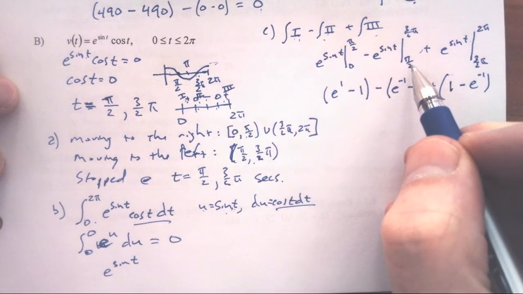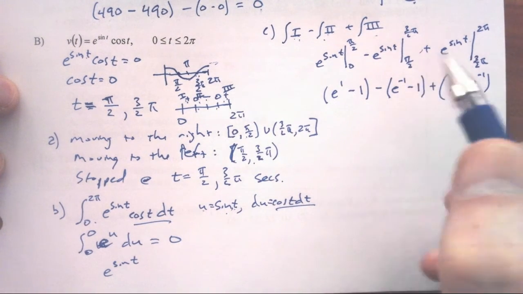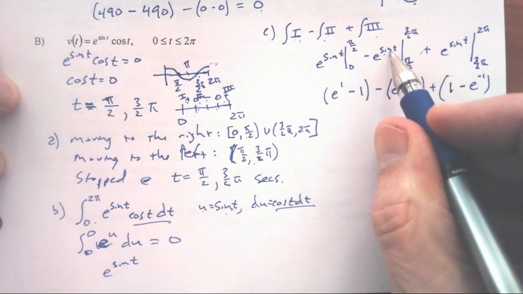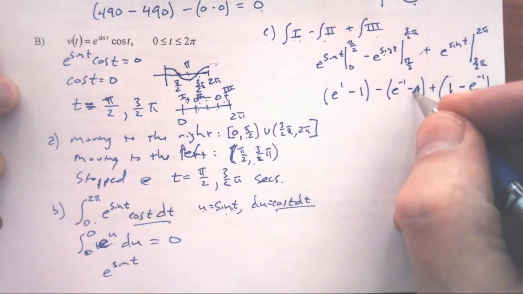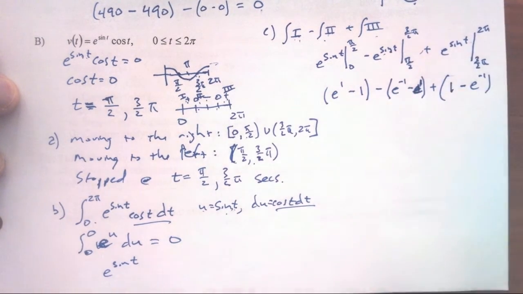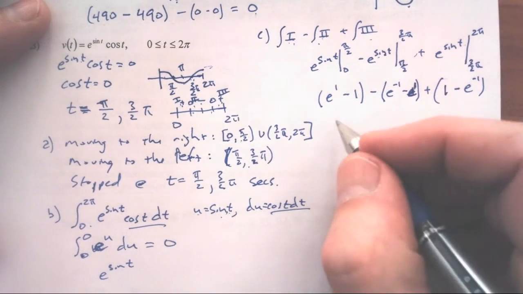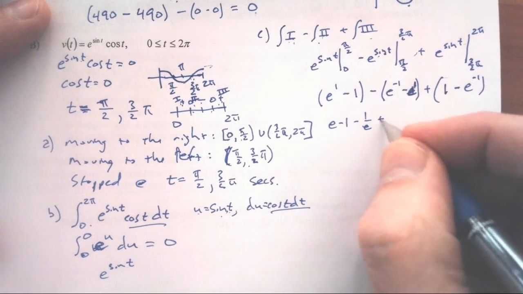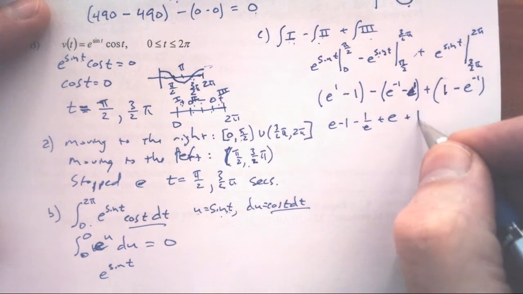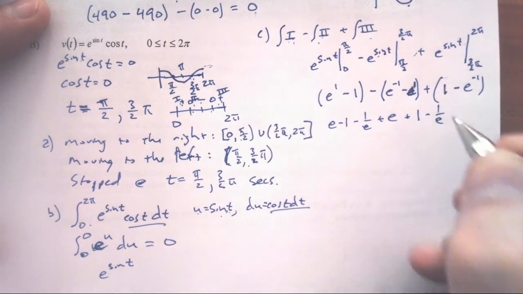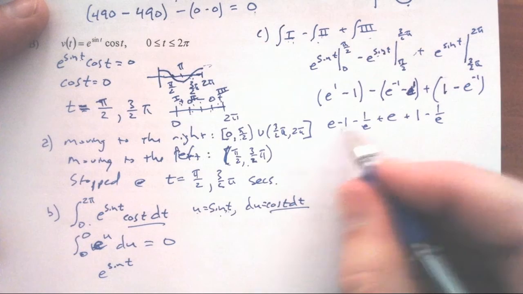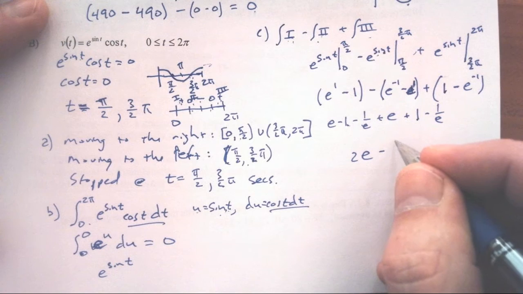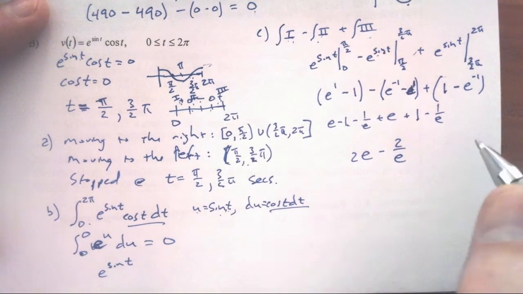Oop, hang on here. Got a mistake here, right here. E to the sine of pi on 2. Sine of pi on 2 is 1, so this is e to the 1. Okay, so let's see what we have here. I've got e minus 1 minus 1 on e plus e plus 1 minus 1 on e for a final answer here of 2 e's, negative 1 and 1 cancel, minus 2 on e.